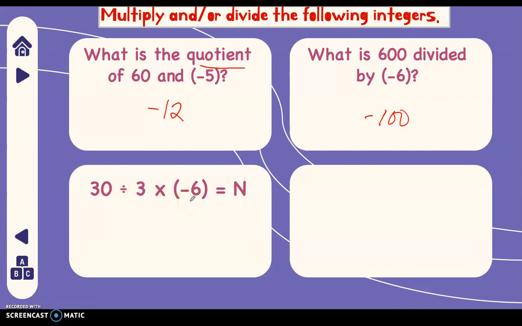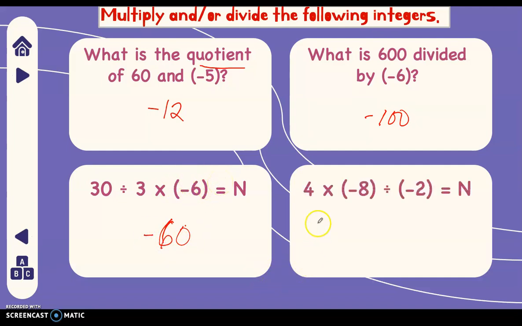Still following the PEMDAS rule, we divide first. So we divide 30 by 3, it's 10, times 6, that is 60. Then the sign is negative since there's only one negative integer.